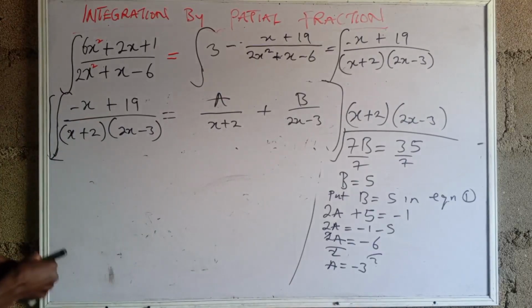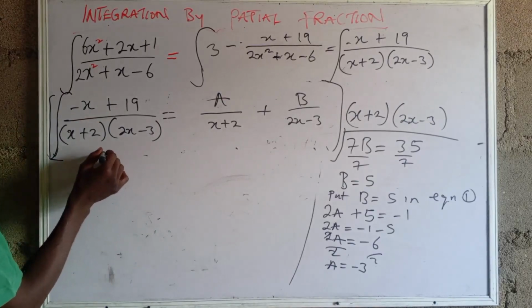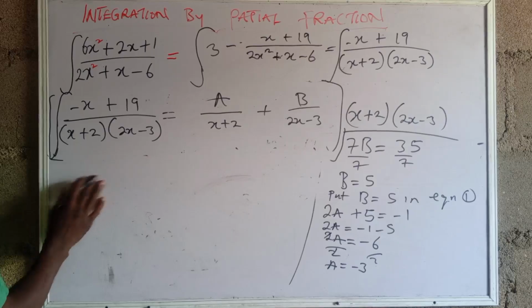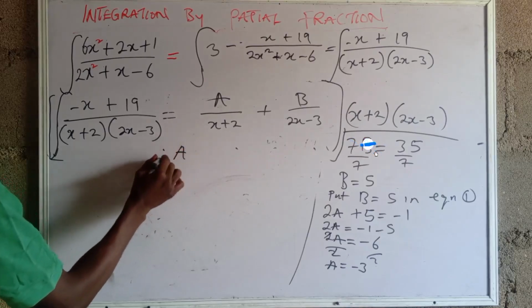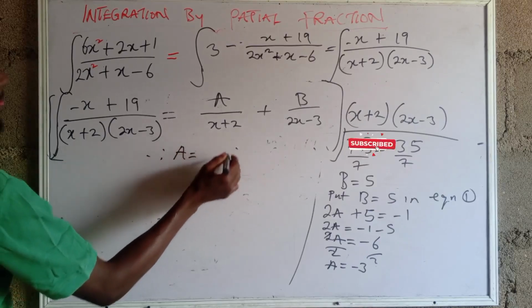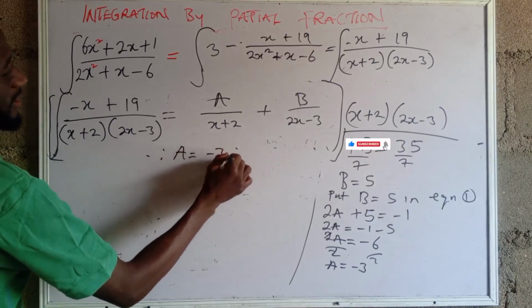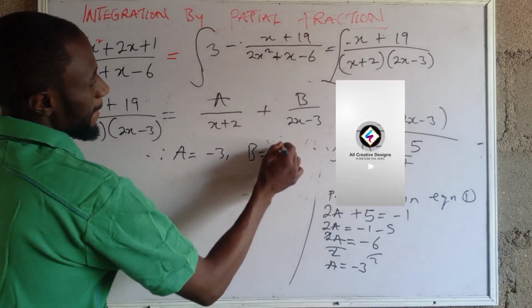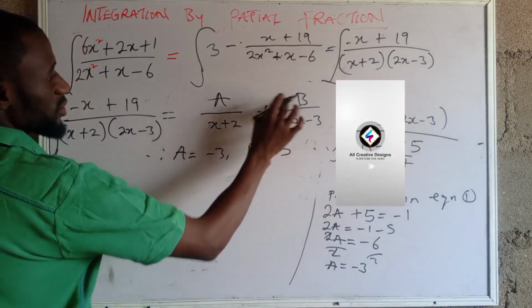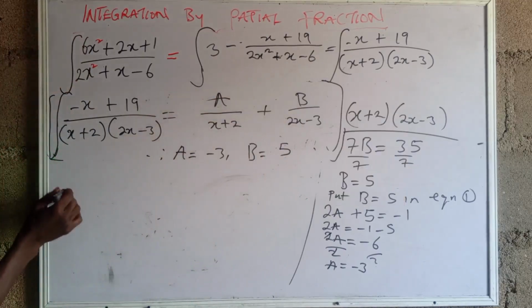Since our a is minus 3 and our b is 5, we can substitute into this equation.